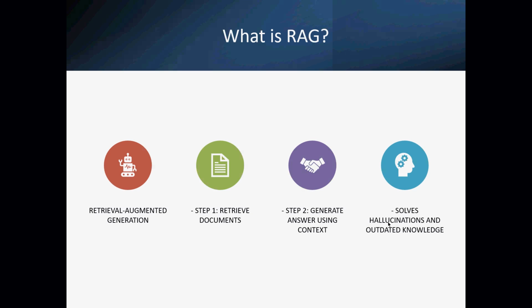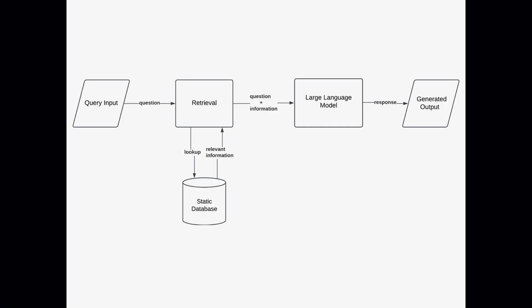We want to augment the model's information if it is outdated, and we want it to give the correct output. So that is why we need RAG. This is the basic architecture of RAG. You give the input, you look up, you create a database.